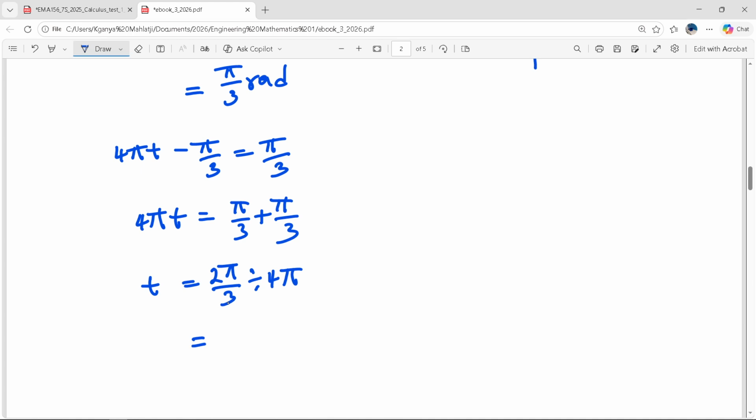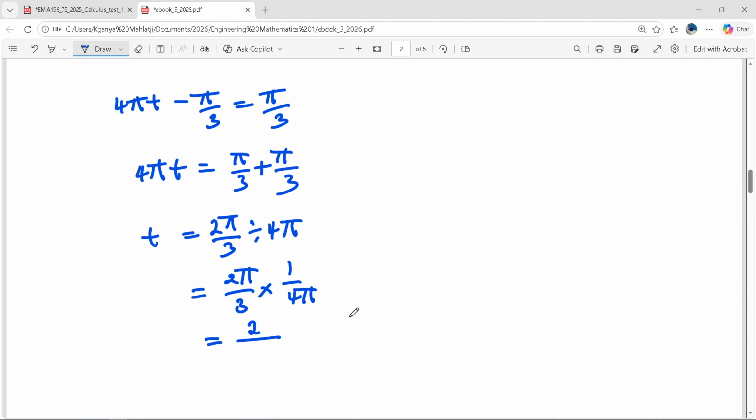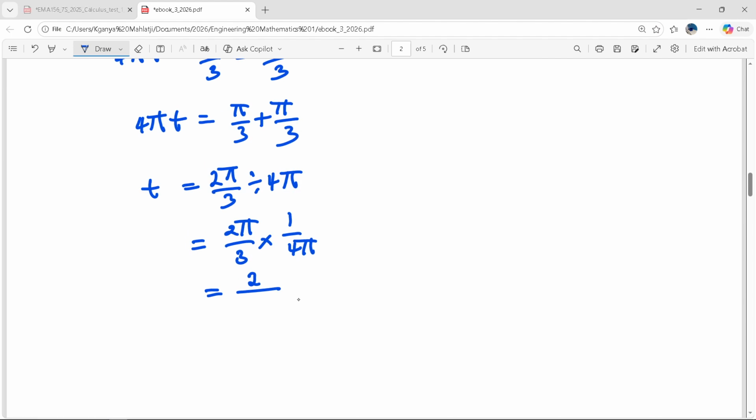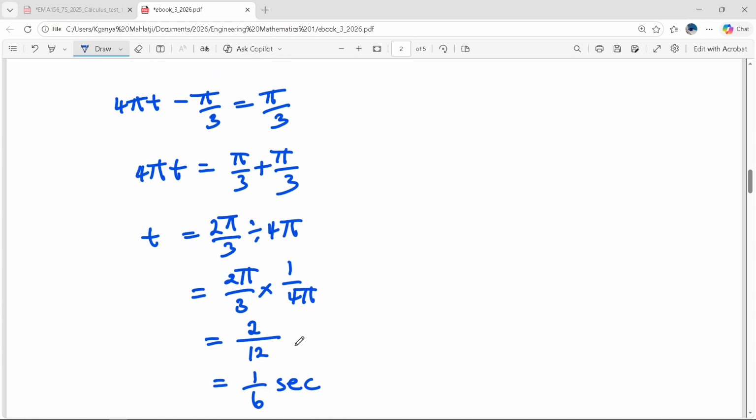Therefore, your answer here should be 2 pi over 3 multiplied by 1 over 4 pi, which is 2 over 12. Therefore 2 over 12 is 1 over 6. Your answer is 1 over 6 seconds. That's the first value of t that you got.